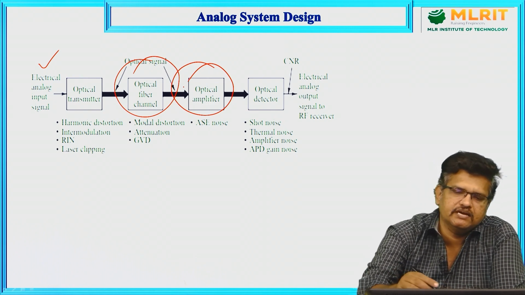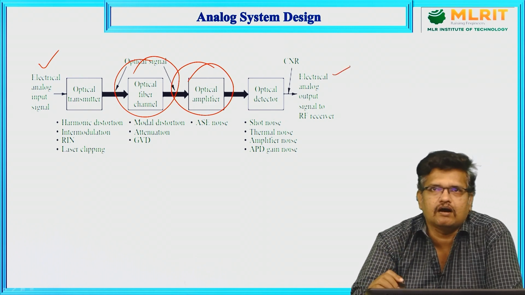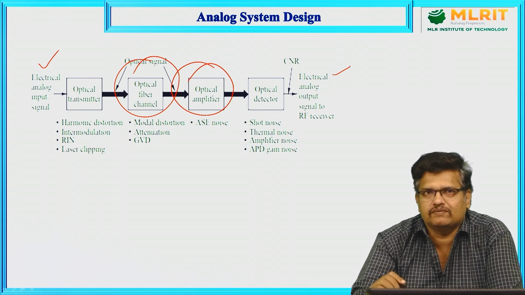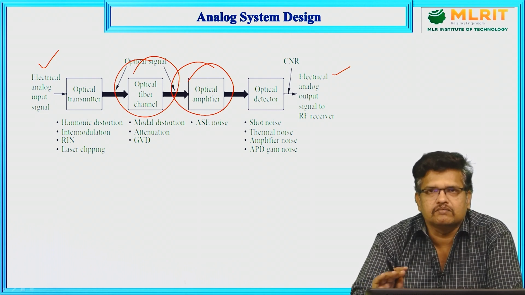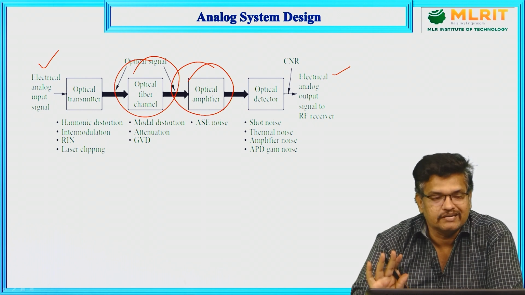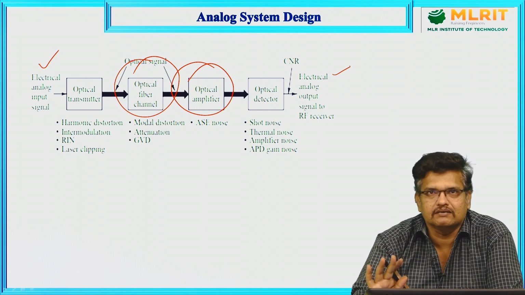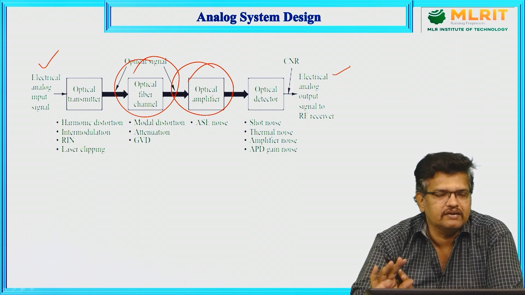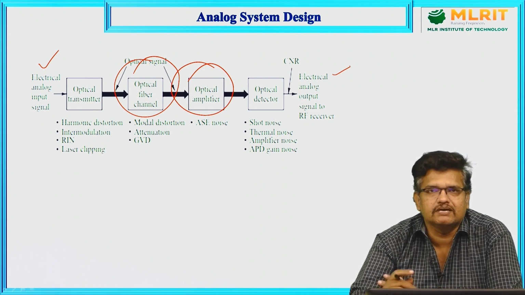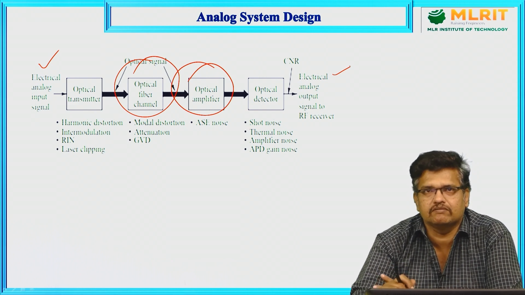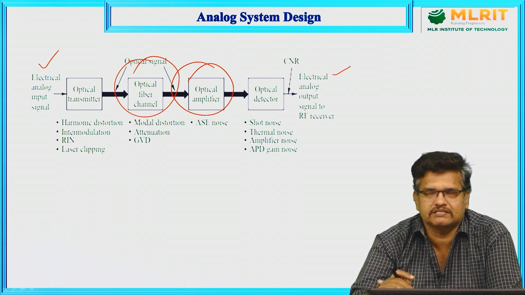At the output we get the electrical analog output signal to the RF receiver. The input is an electrical analog signal, and the output is also an electrical analog signal. In between, we convert electrical to optical and again optical to electrical, because of the data rate requirement. That's why we go for an optical fiber communication system, as I said earlier.